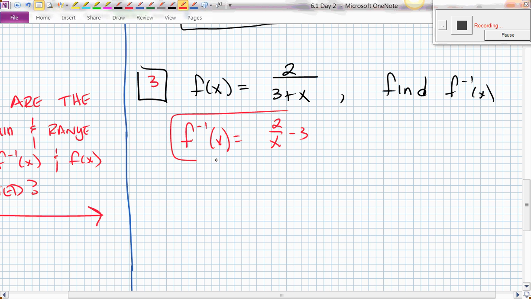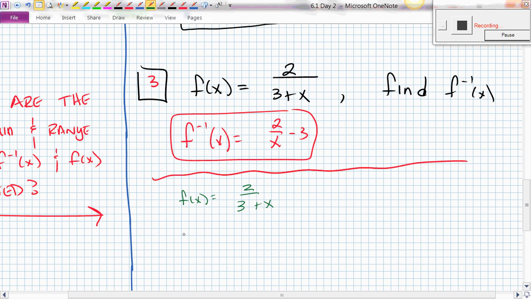Do we agree? Okay, I would like to show you one more thing here. Want me to go through that one? Sure. Ready? First you have f of x is equal to 2 over 3 plus x. Then y is equal to 2 over 3 plus x. Then x is equal to 2 over 3 plus y.